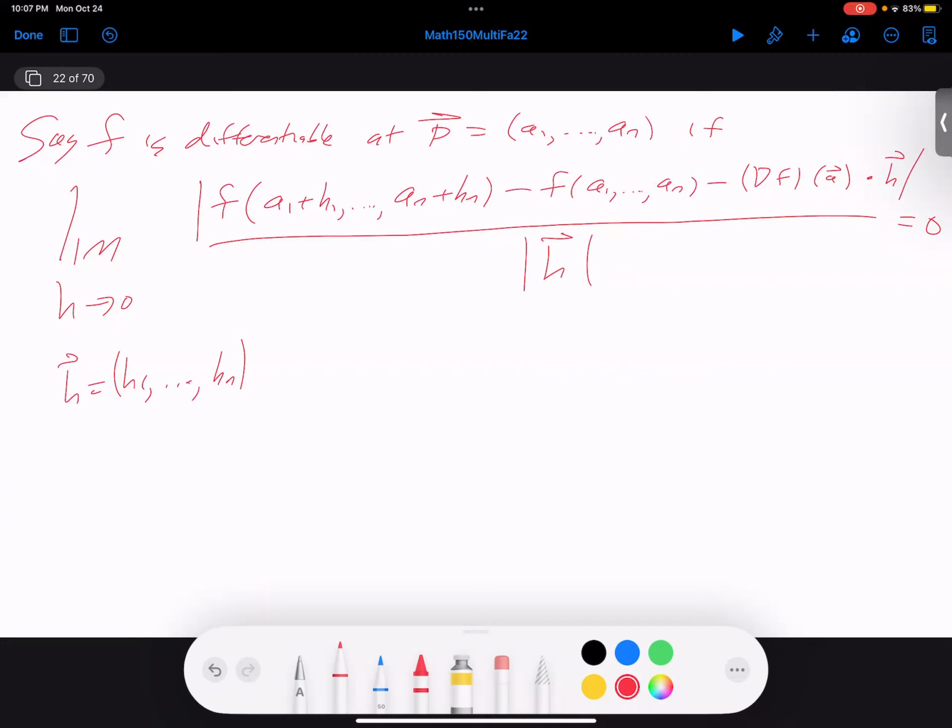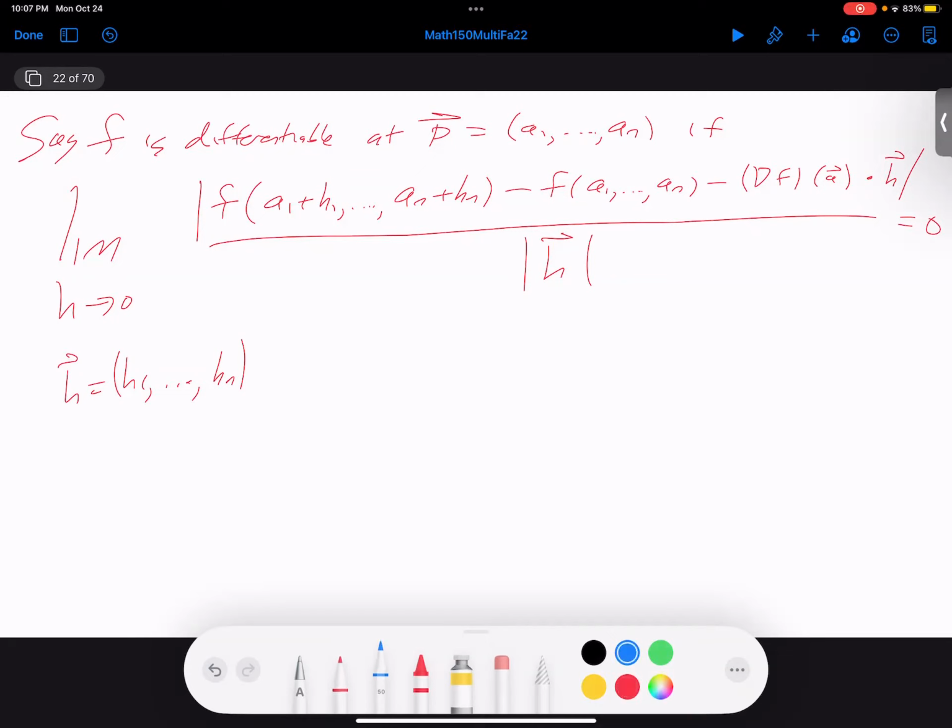So what we're saying is this is the generalization of the straight line concept. It says for a function to be differentiable, if you move by just a little bit, you can approximate where you are by where you started, plus the gradient, which is telling you how fast you're changing, dotted with h, which is telling you the direction in which you're moving. It's extremely reasonable.